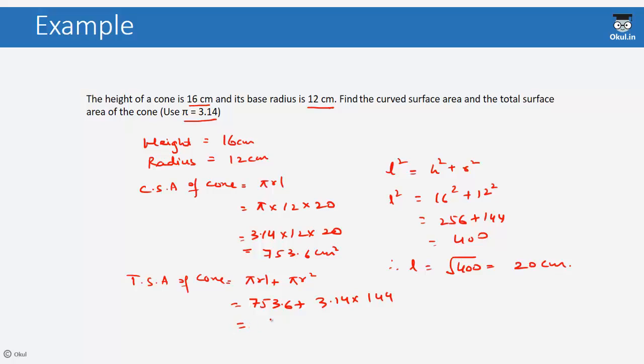So this comes out to be 753.6 plus 452.16, and this is equal to 1205.76 centimeters square. So we have the curved surface area of the cone as 753.6 and the total surface area of the cone as 1205.76 centimeters square.